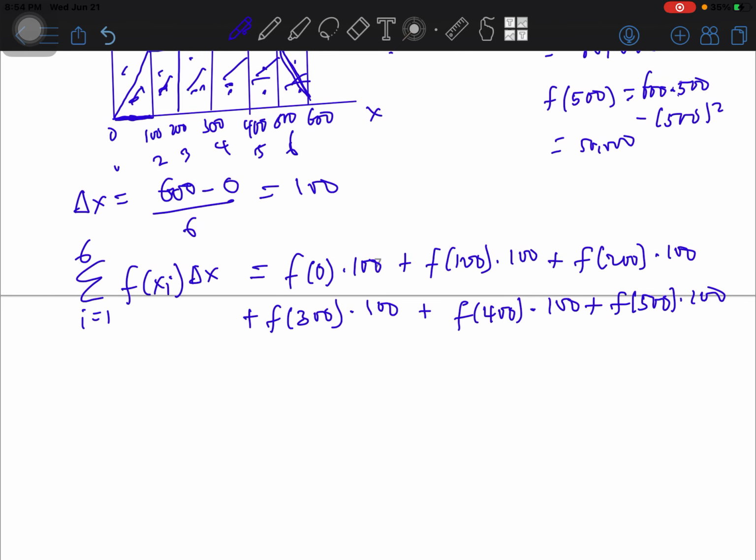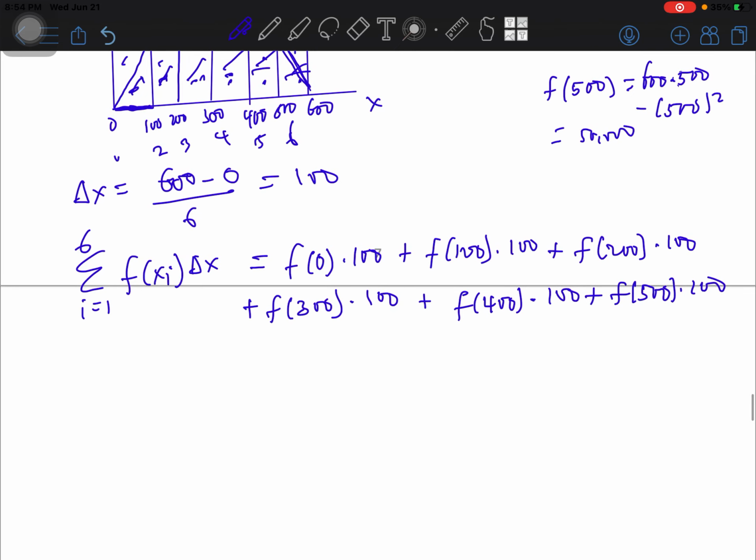So this is the approximation, and when you simplify it, f of 0 we got 0, times 100. Okay, let me use a dot so that you don't confuse it with my x.